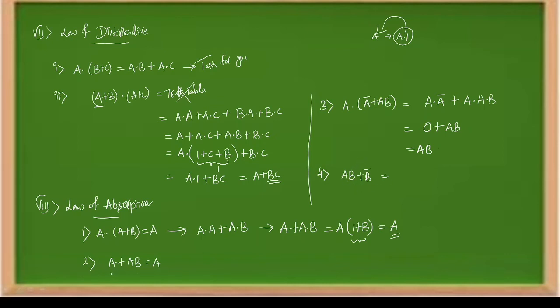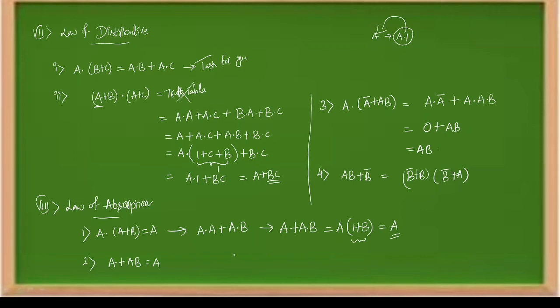You can apply this technique here, or else this one. So AB plus B bar, now I can write this as (B bar plus B) into (B bar plus A).